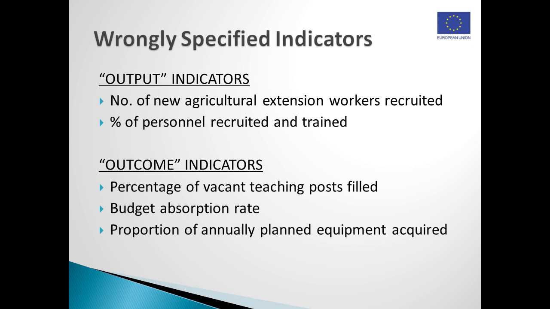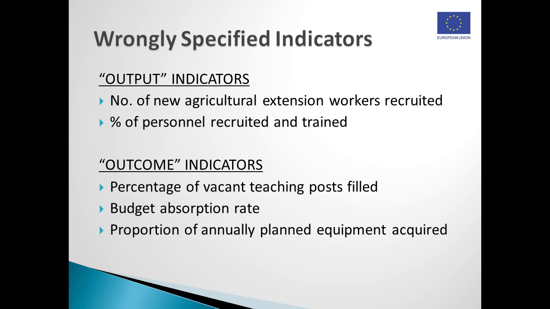Firstly, of so-called output indicators, which are in fact input indicators, such as the Agriculture Ministry, which uses as a so-called output indicator the number of new agricultural extension workers recruited. Well, your labour force are inputs, not outputs. Another ministry uses the percentage of personnel recruited and trained. Well, this is interesting because, again, recruiting personnel is about inputs. Training them, on the other hand, is an activity, so this is a combined input and activity indicator.